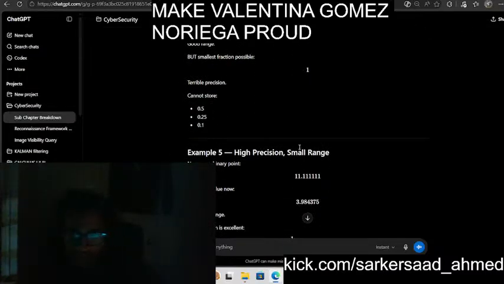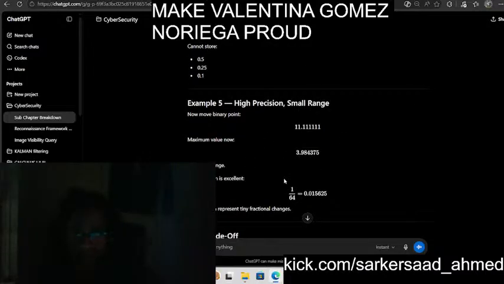High precision: move the binary point. You're going to have two integer bits, all ones. So you have 2 to the power 1 plus 2 to the power 0, that's 3. And then 2 to the power minus 1 plus minus 2, minus 3, minus 4, minus 5, minus 6. So the maximum value now is that. It is good, but a very small range.